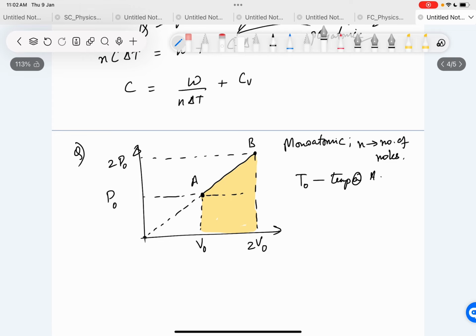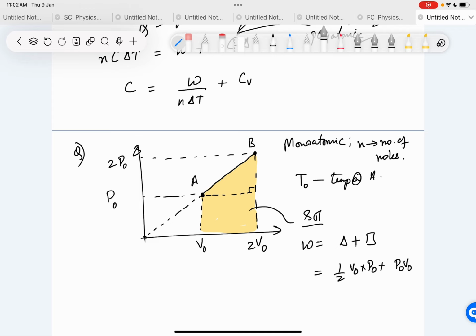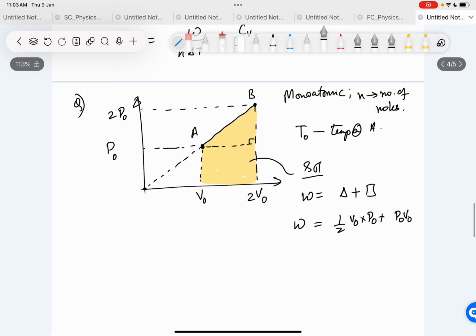For this process, we'll divide this into two parts, and we can write that W is the triangle area plus the rectangle area, half base into height plus V0.